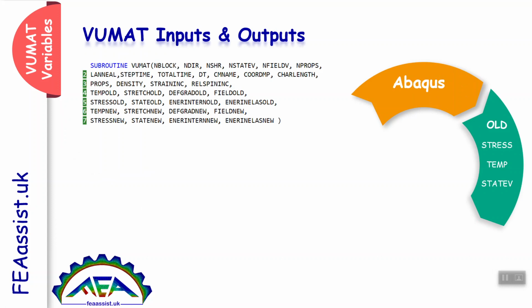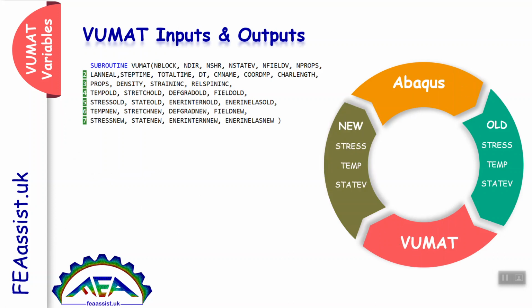The old values or the initial values are transferred to the VUMAT. Into the VUMAT, we need to write a new equation or some new equations to redefine these values, and the new values of the variables return back to Abaqus. This is how Abaqus and VUMAT interact with each other, which is necessary to understand to write a good working VUMAT.